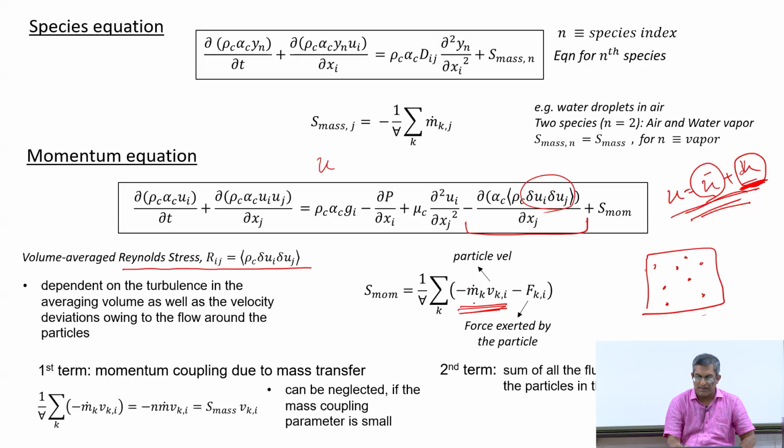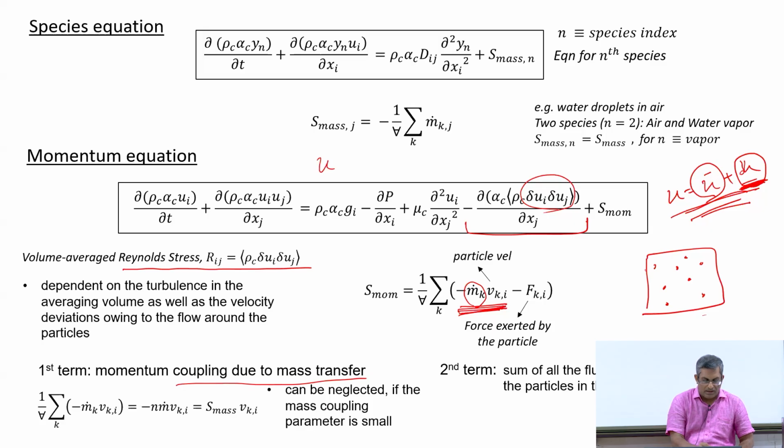And why do you have minus? Because this term m dot itself is negative in case of evaporation. So this parameter refers to the momentum coupling due to mass transfer.